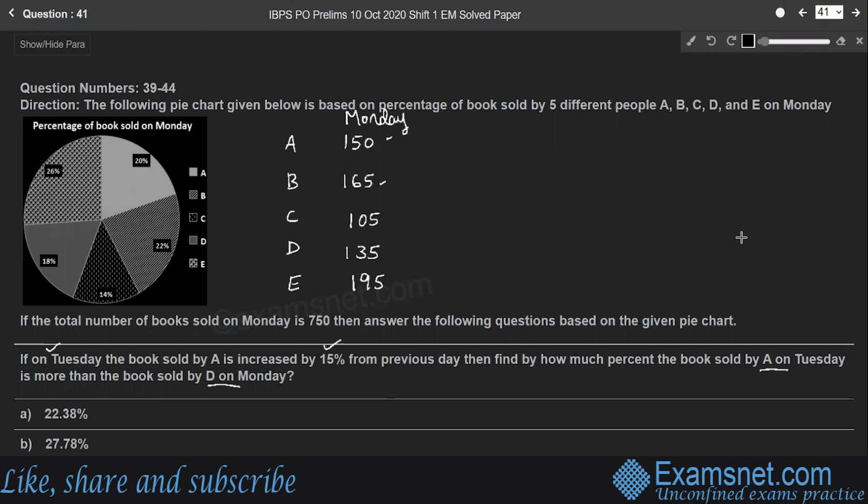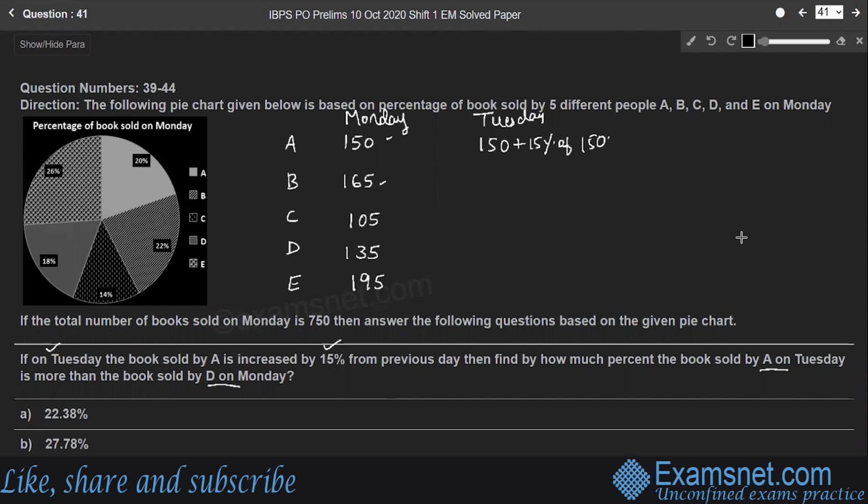Here the question is, if on Tuesday, books sold by A is increased by 15%. So books sold by A will be 150 plus 15% of 150. So this is the meaning of increased by 15% from previous day.